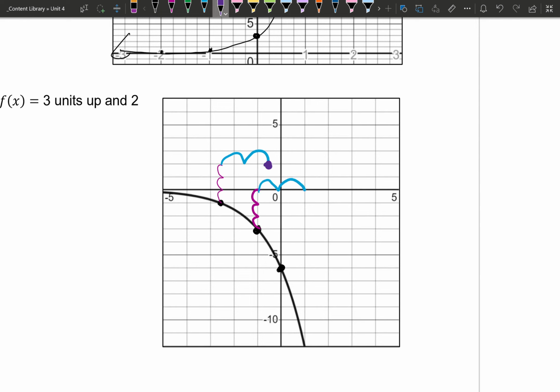Let's do the second point. Also up 1, 2, 3. To the right, 1, 2. And lastly, let's do our y-intercept. Up 3. To the right, 2. And here is, oh, ugly. Here is our new function.